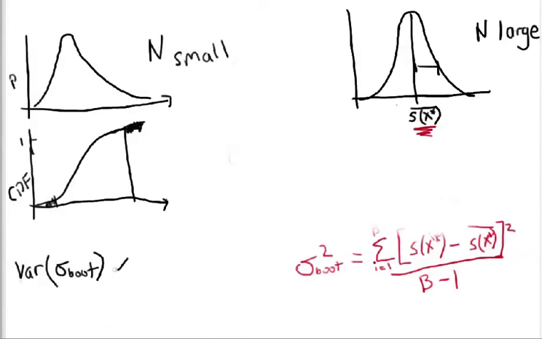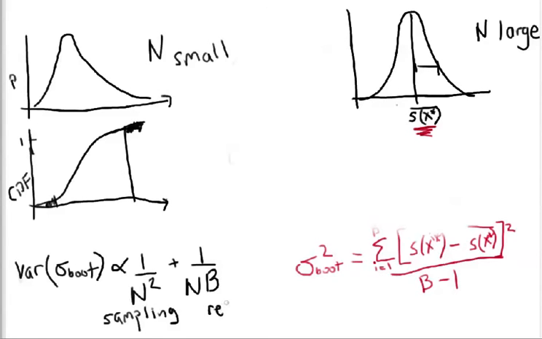And it turns out you can show that the variance in our error estimate has terms that are proportional to 1 over n, where n here is the length of our original sample array. So this is due to sampling variance. And the second term that contributes is 1 over n times b, where this is due to the resampling error.